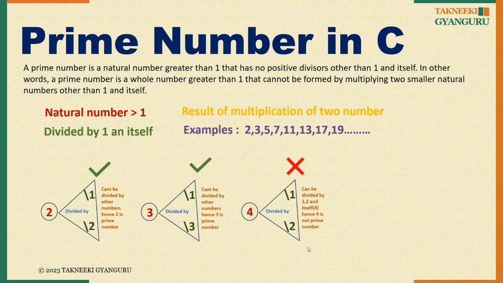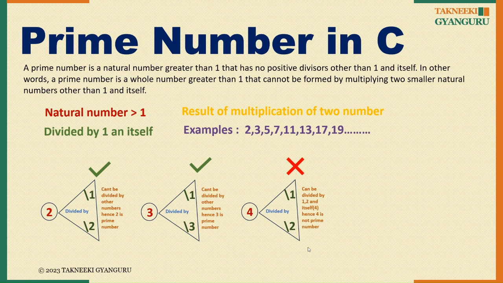Similarly, 5 can be divided by 1 and 5, and there is no other number by which we can divide 5. So 5 is also a prime number. Let's say 6, right? 6 can be divided by 1, itself, 2 and 3. Because we can divide by 2 and 3, that is why 6 is not a prime number.